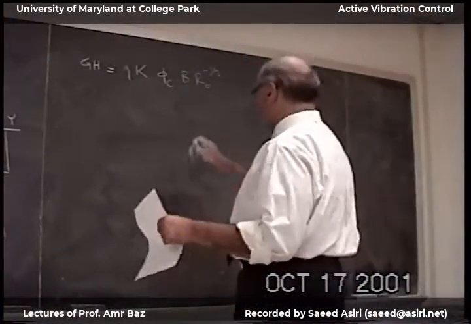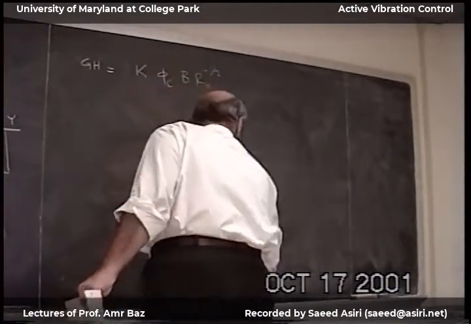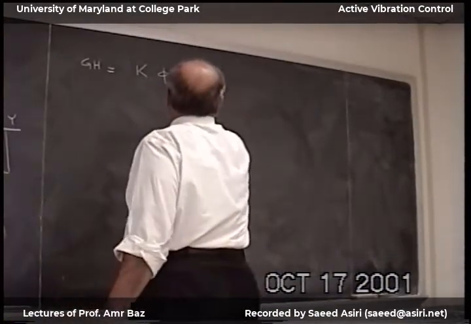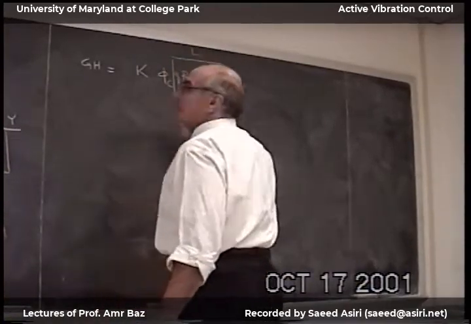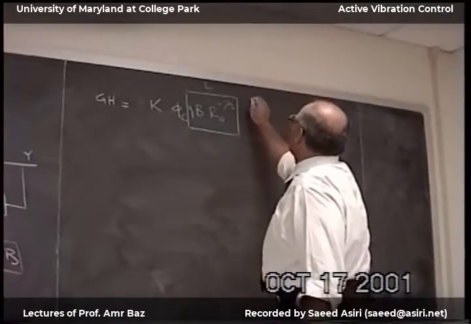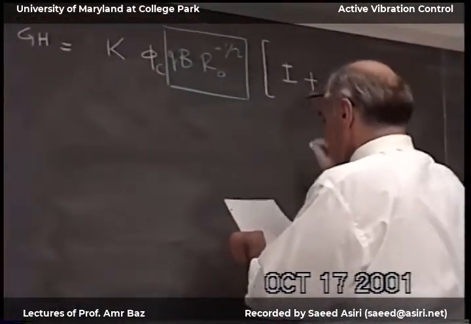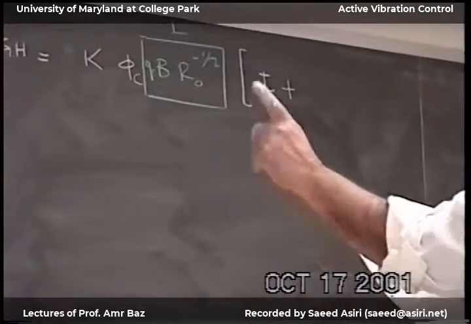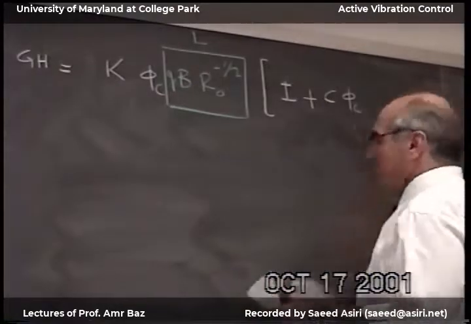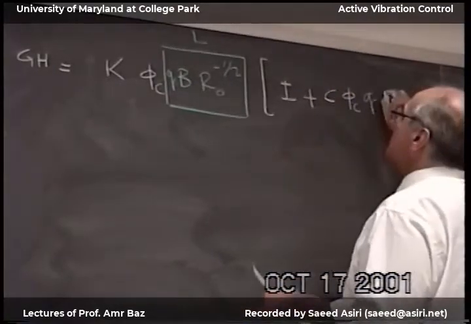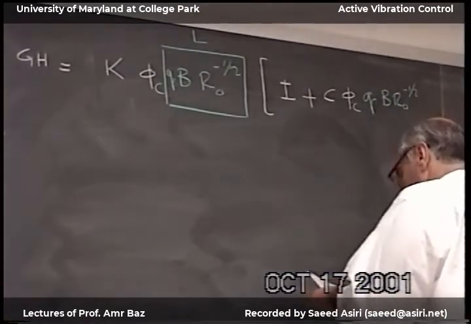Okay. So let me just put it here. And this would be our L. And then now we have identity plus the C, PC, and then the L are replaced by minus 1/2.